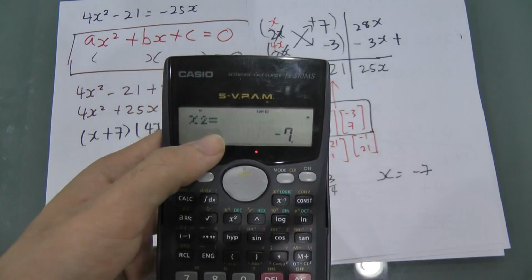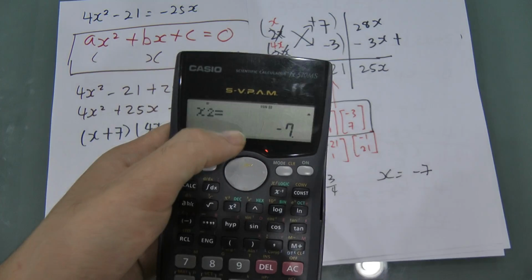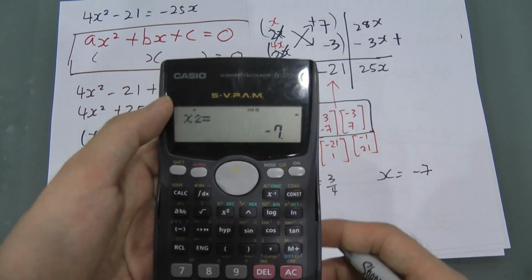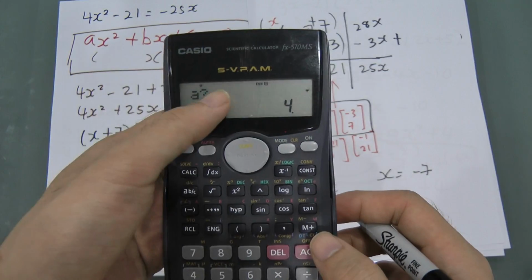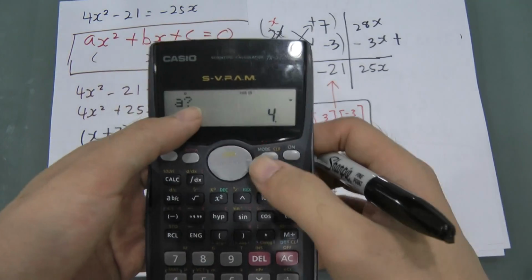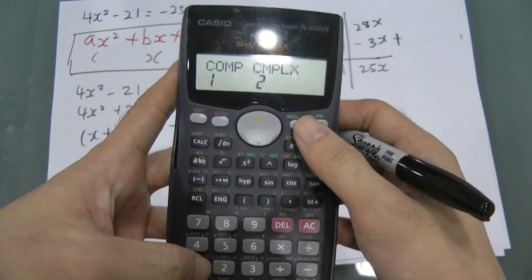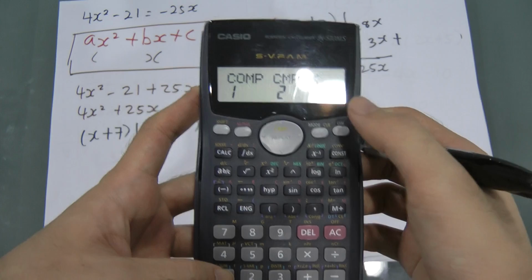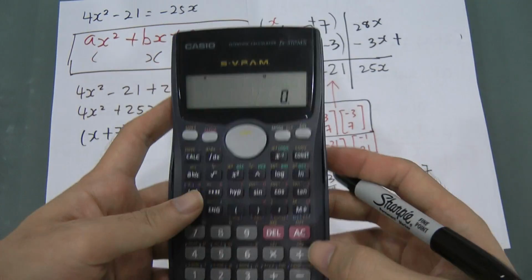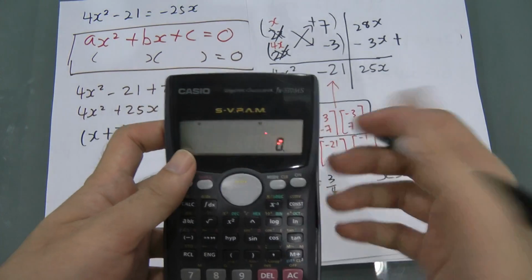Okay, this is the way to press for this model of calculator. After you press this one, you press AC, you will go back to this one. If you want to go back to normal, you just press mode and then you press 1. This one means when you go back to common, you press 1. Then your calculator will go back to normal.